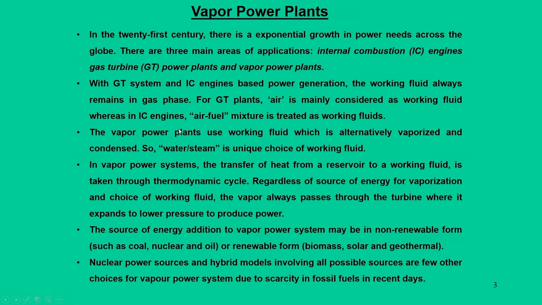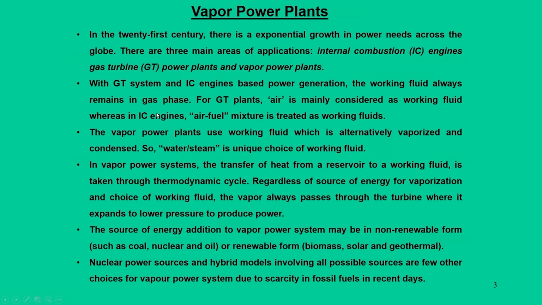Now, the main basic difference between IC engines or gas turbine plants and vapor power plants is that in IC engines or gas turbine systems, the working fluid always remains in the gas phase.